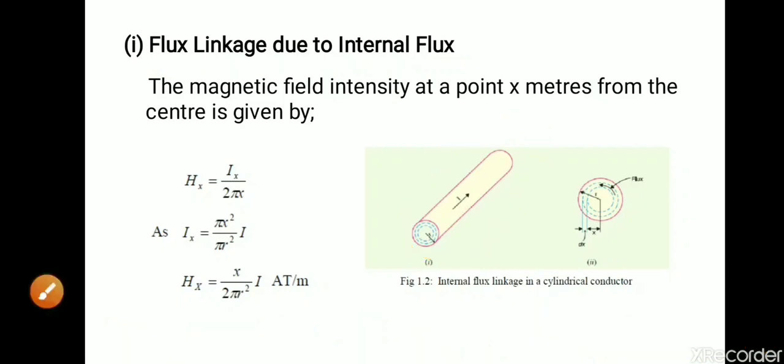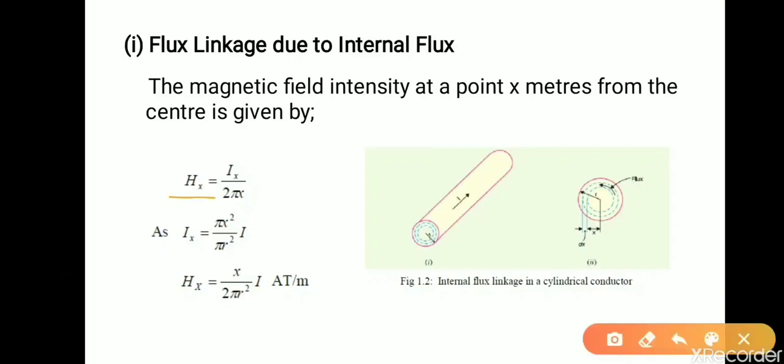Now here the magnetic field intensity, denoted by H of x, at a point x meter from the center is given by H of x is equal to I of x divided by 2 pi x. Now how have we obtained this?